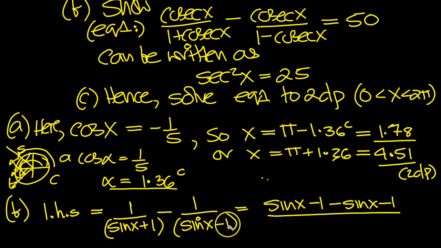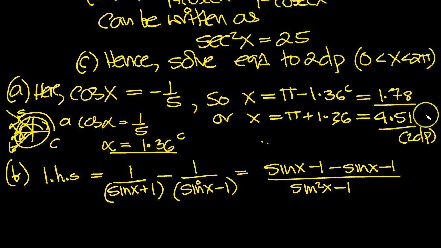And when we times a product, it's the difference between two squares. So we'll get sine squared. And then plus and minus make a -1, doesn't it, with the difference between two squares. So that's equal to then, we've got the sine x cancels here, we've got -2, and I'm going to flip that to a 2, and this, I'm going to flip the sign, so it's 1 minus sine squared, which is cos squared.